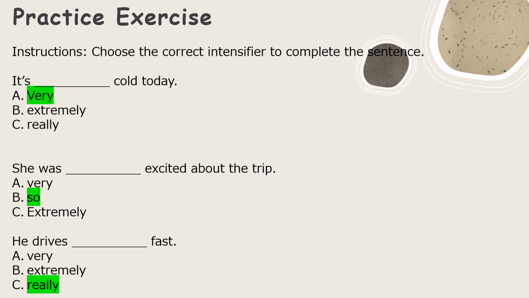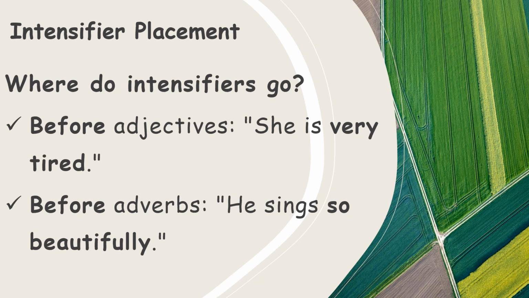You're right. So let's check again, where do you place them. When you are using the intensifiers in your sentences while speaking or writing, they should be placed before the adjectives and the adverbs. Like she is very tired. Tired is an adjective.